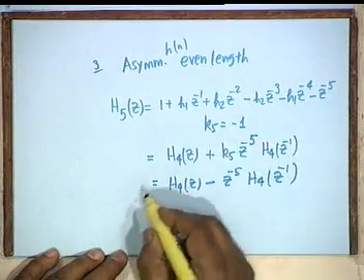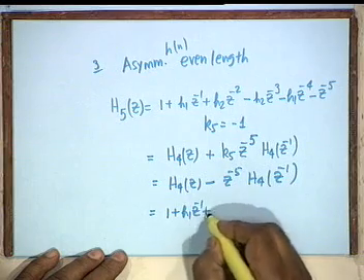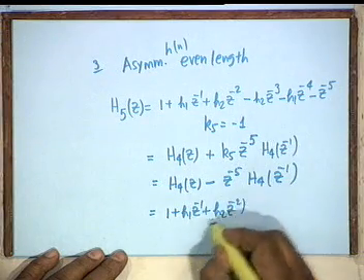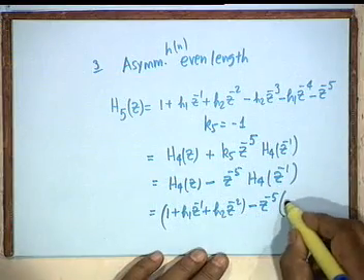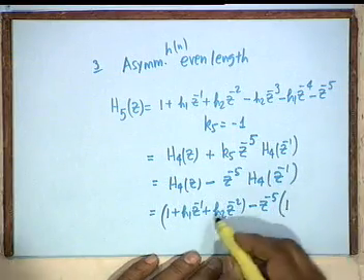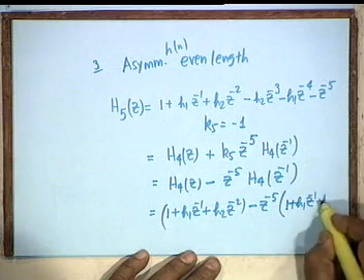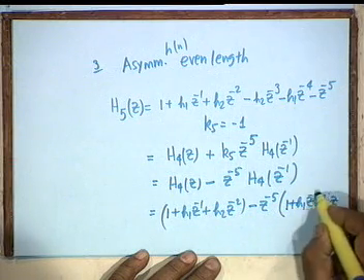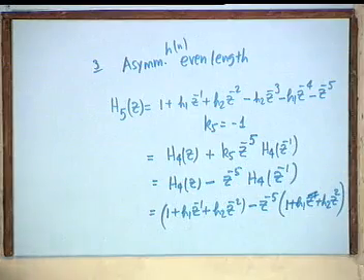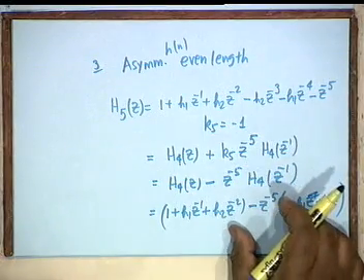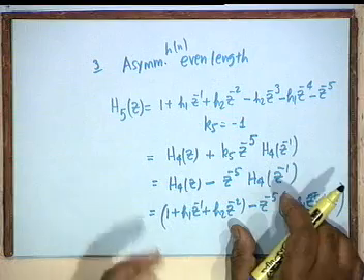By rewriting this you can show that 1 plus h1 z inverse plus h2 z to the minus 2 minus z to the minus 5, what shall I have inside? The same term, 1 plus h1 z inverse plus h2 z plus h2 z squared. Okay. What does it mean? That the realization is identical to the previous case, except that the last lattice coefficient shall be minus 1.